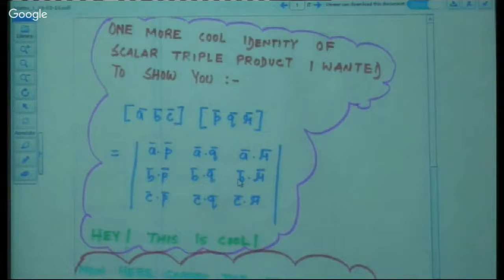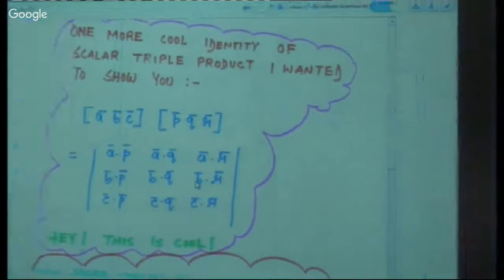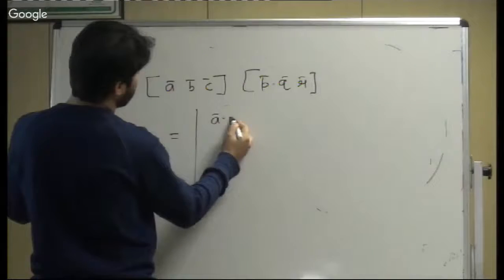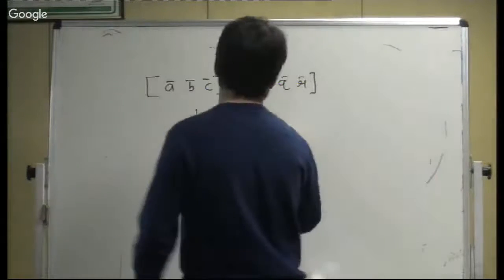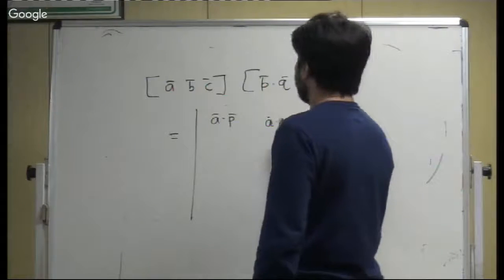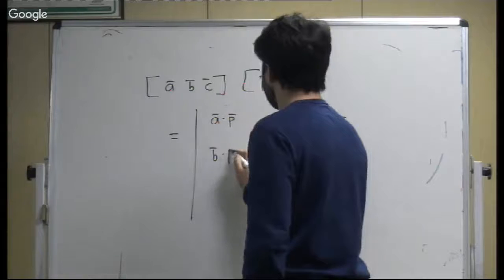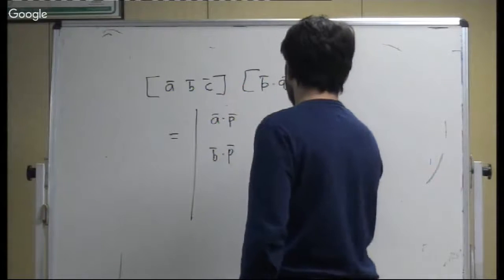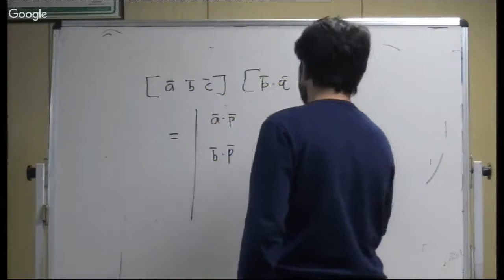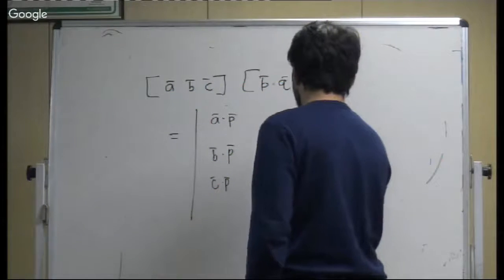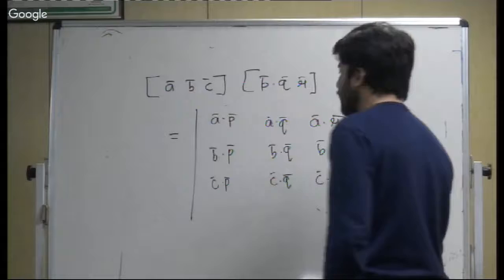Basically, you have a parallelepiped with edges A, B, C and another parallelepiped with P, Q, R, and you multiply their volumes. It will be nothing but A dot P, A dot Q, A dot R, the determinant value of this. It's an identity you can keep in mind.